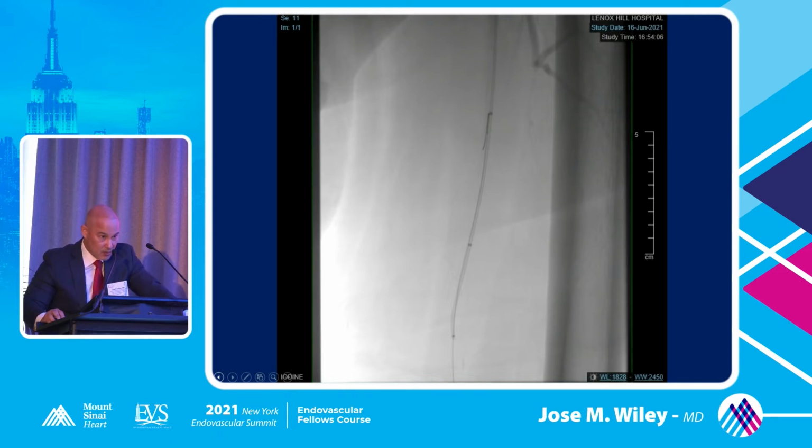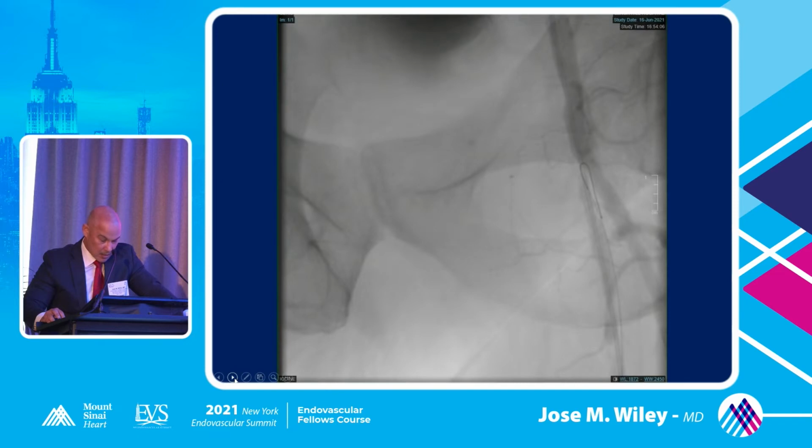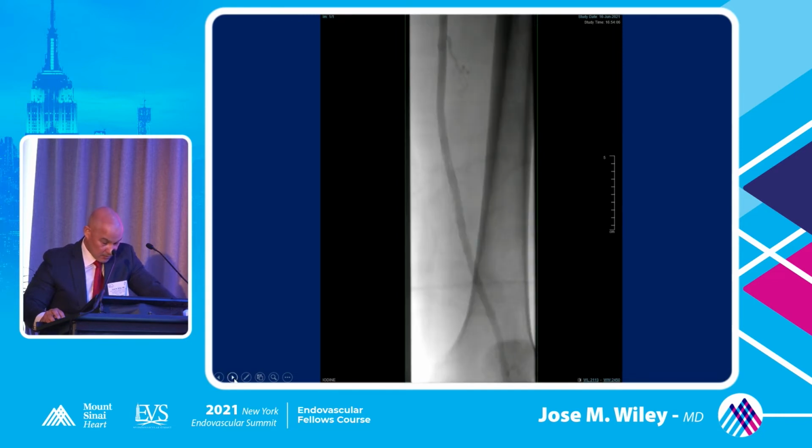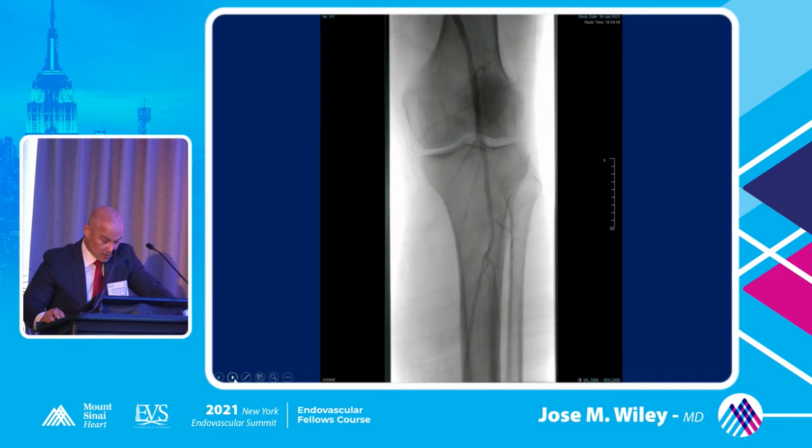This was able to cross the lesion, and was snared and externalized, as you see here. Then you have antegrade balloon inflation with drug-coated technology throughout. This is the final result: complete revascularization of the SFA, maintaining 3-vessel runoff.